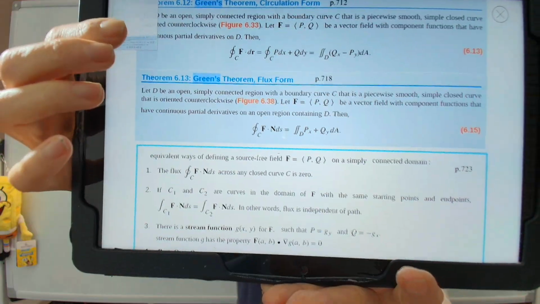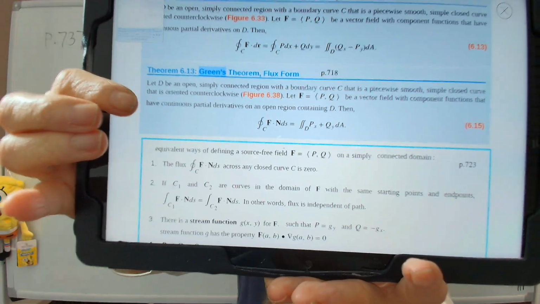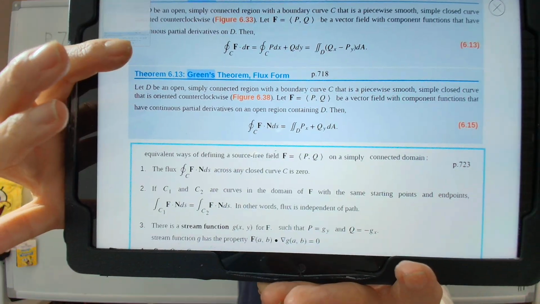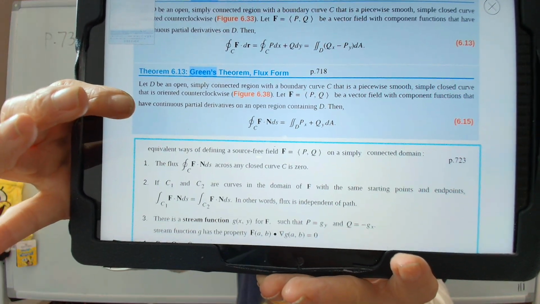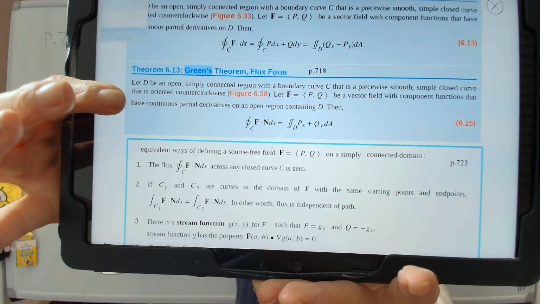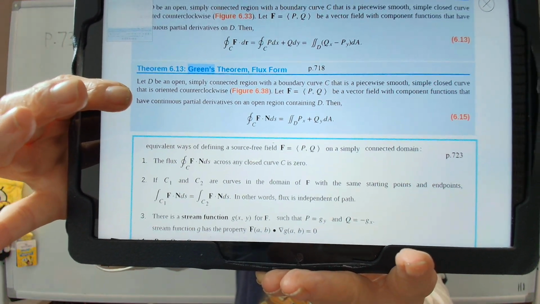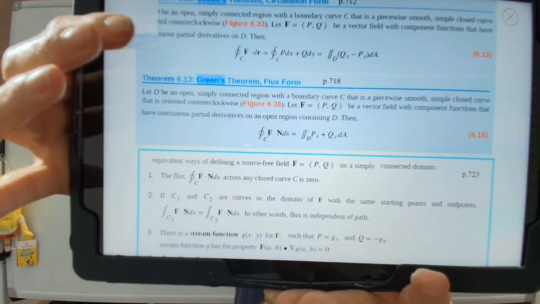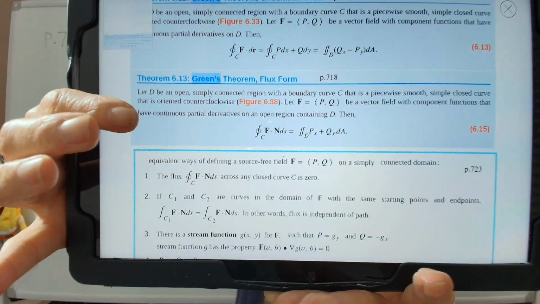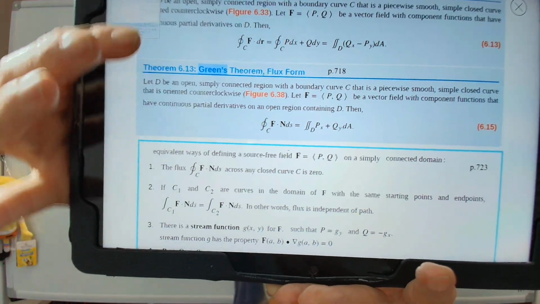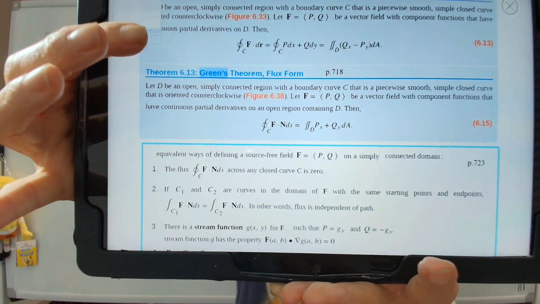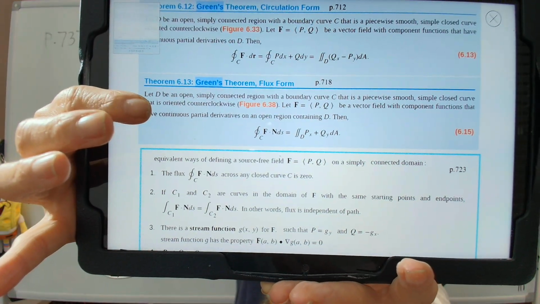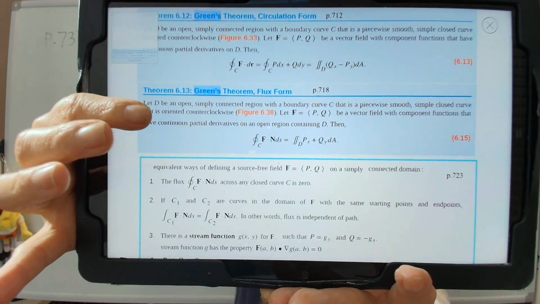Notice there's a slight difference in the formula, because that's the flux form, you're integrating something different. The top one, you're doing F dr, and the bottom one, you're doing F dot n ds. But other than that it's a similar principle. For the circulation form you're doing Qx minus Py, and for the flux form you're doing Px plus Qy.